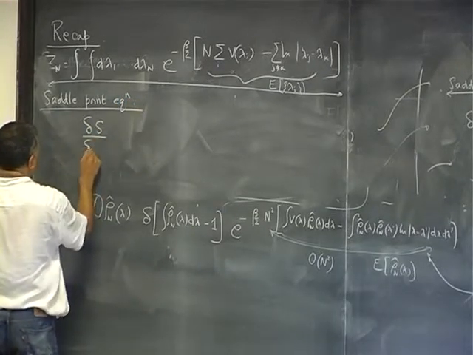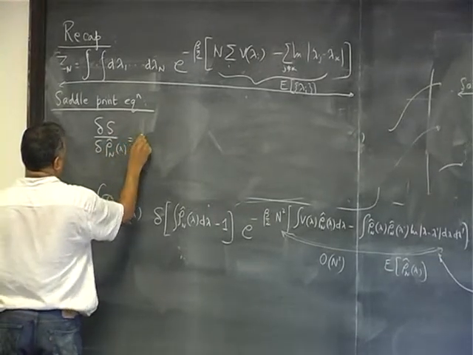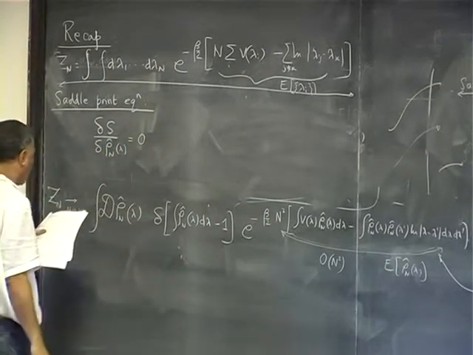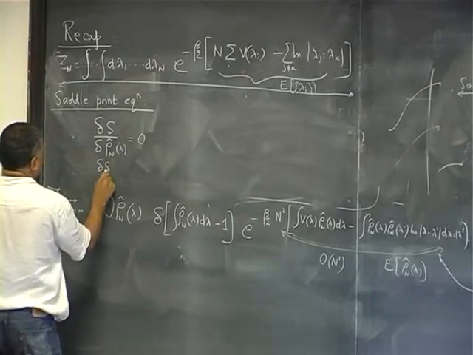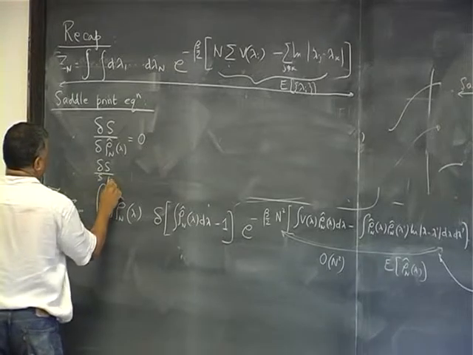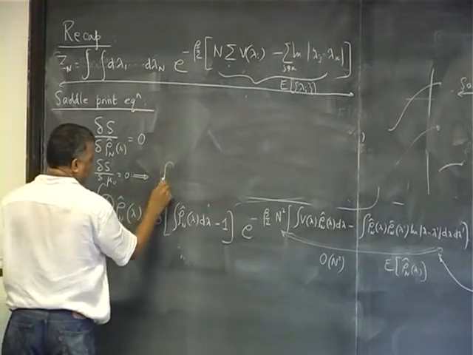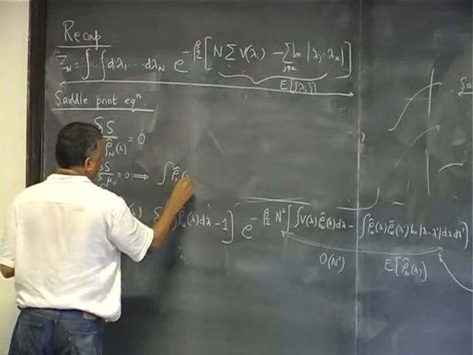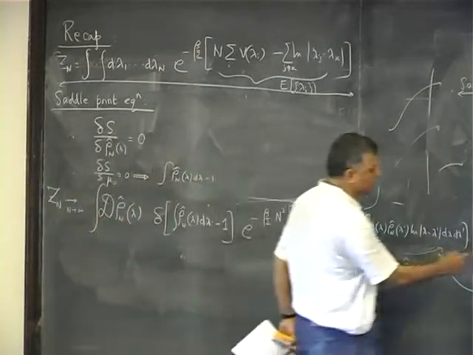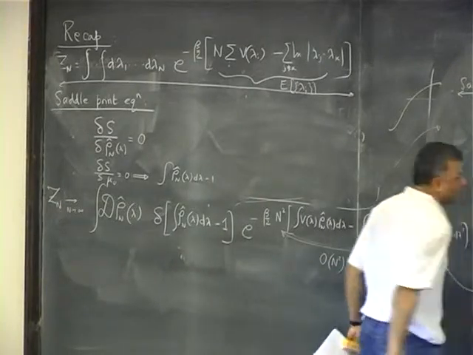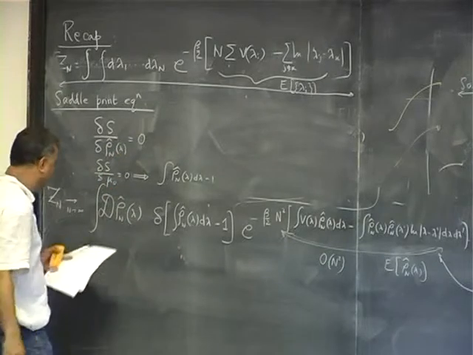This is a functional derivative. And the second equation is del S del mu naught equal to 0. But this guy will give you back the constraint itself. When you differentiate with respect to mu naught, it just gives you this constraint back. So the important information is in the saddle point equation here.